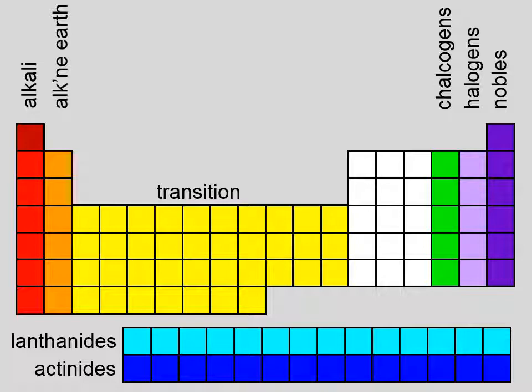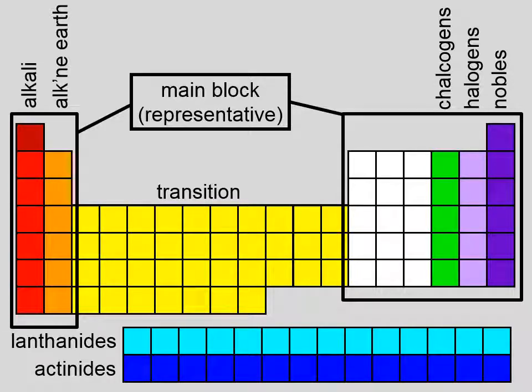So that's fairly easy to remember which of these rows on the bottom is the lanthanides and which is the actinides. And then the main block, or representative elements, are collectively the S and P block. And they're called the main block or representative elements because as a whole they are a representative sample of pretty much all the properties that elements can have.